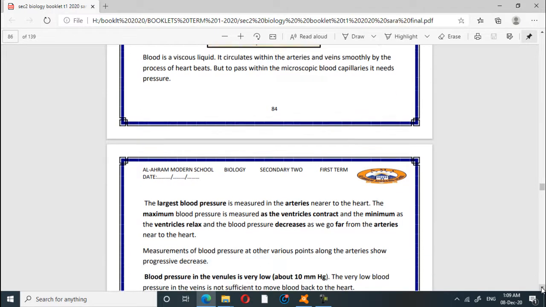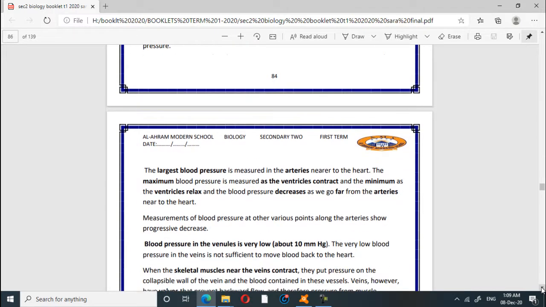And these two blood pressures can be measured by an instrument called the sphygmomanometer. As you know, blood pressure in the venules or in the veins is 10 millimeters of mercury, so it's very low to force the blood to move inside the body.